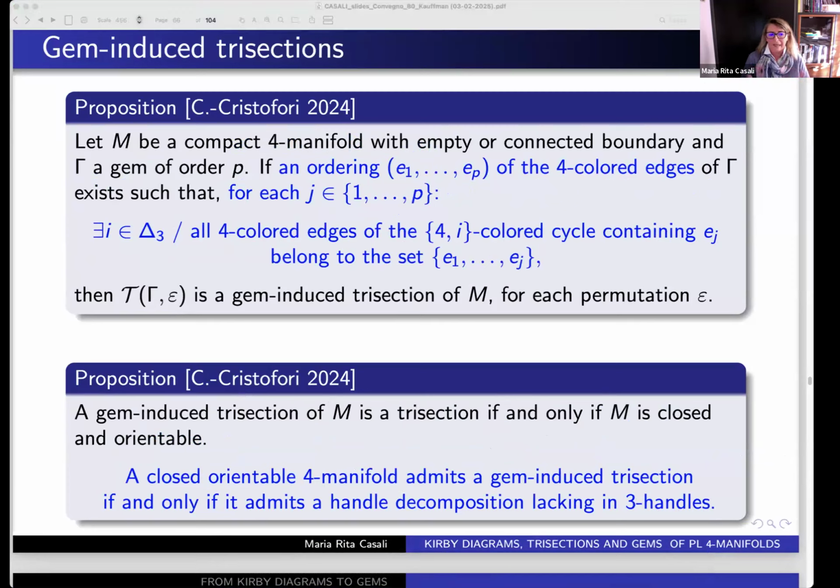What is good is that this class possibly comprehends all simply connected four-manifolds, according to a famous open problem by Kirby. But certainly one can't face the whole class of closed four-manifolds directly by gem-induced trisections.